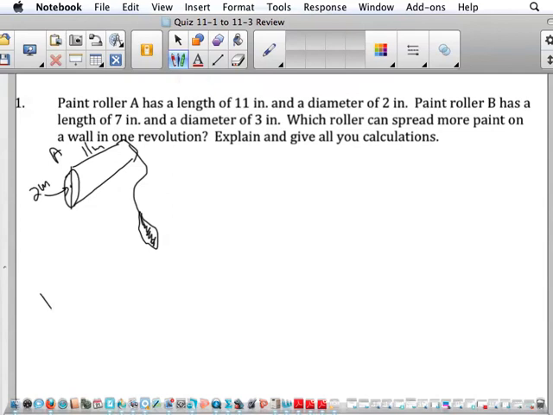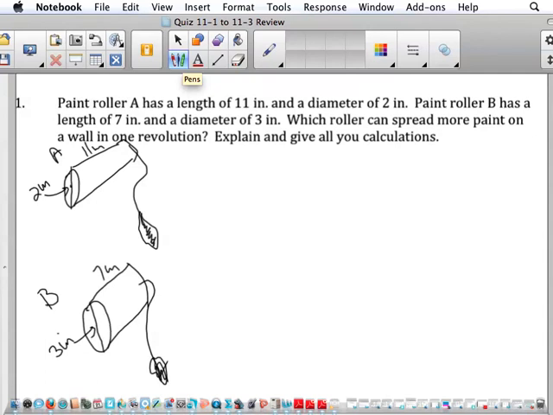And then I have B. Roller B has a length of 7 inches and a diameter of 3 inches. So the diameter is larger, but its length is less. That's 7 inches. There's my paint roller.